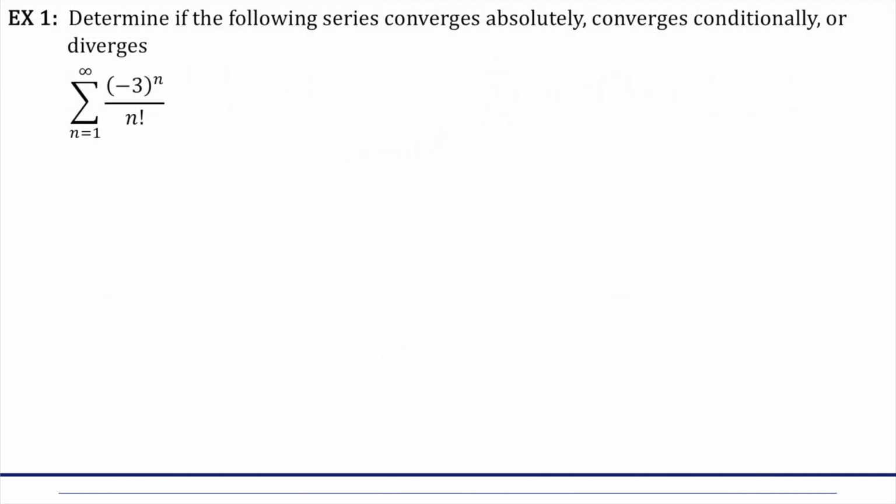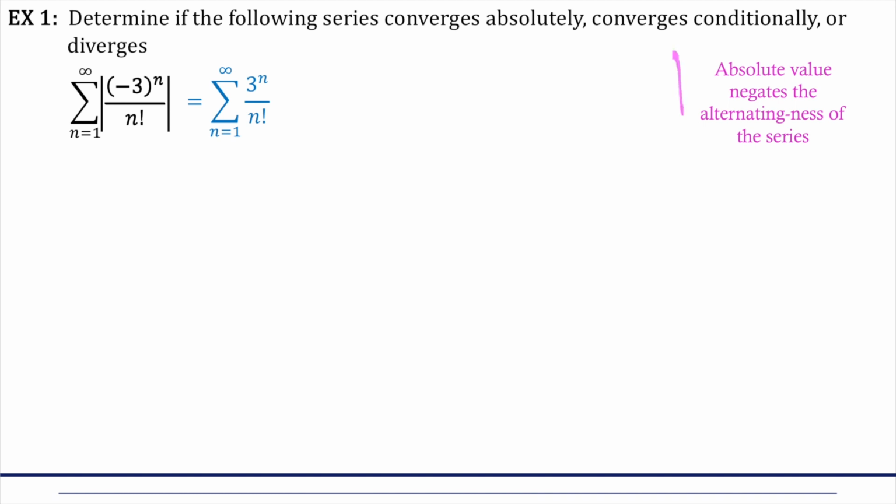So let's determine if the following series converges absolutely, conditionally, or just plain old diverges. Now, this is an alternating series because we've got this negative number raised to the nth power. So if we want to take off the alternatingness of this series, we just take the absolute value of it. So we get 3 to the n over n factorial.